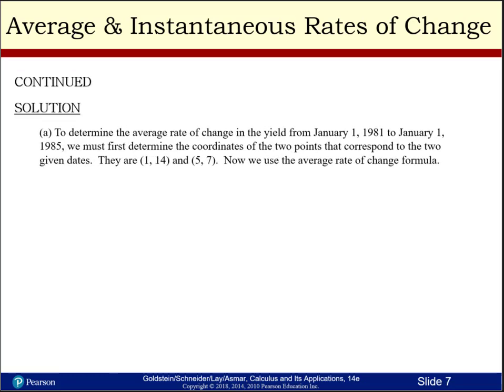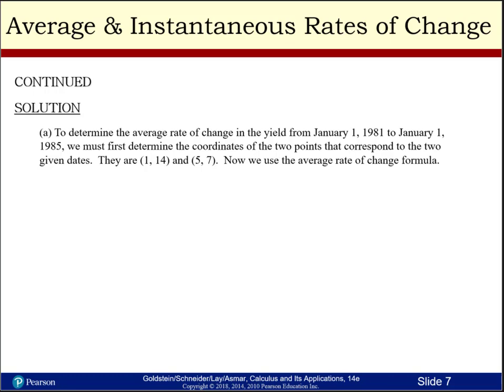So here we go. A, to determine the average rate of change in the yield from January 1st, 1981 to January 1st, 1985, we're first going to have to determine the coordinates of the 2 points that correspond to the 2 given dates. That means when t equals 1, we look at that point, and that y value is 14. When t equals 5, we look at the y value, that's 7.